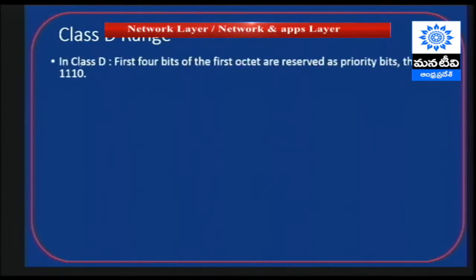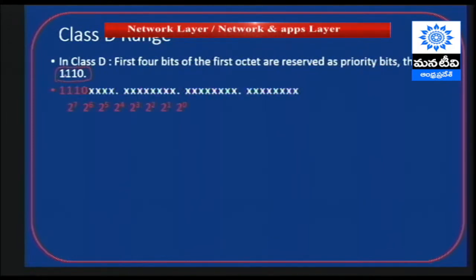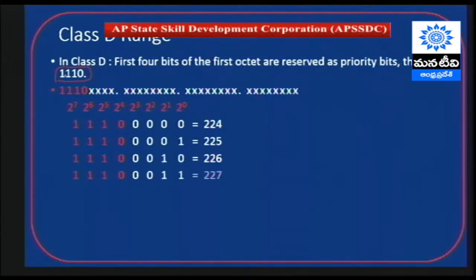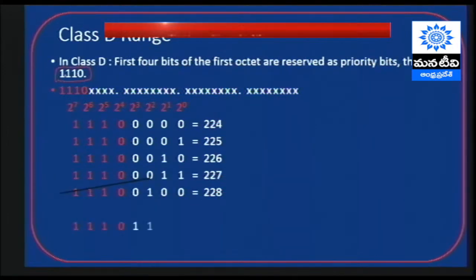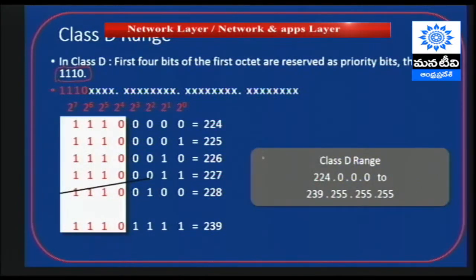The priority bit for class D is 1110, and by substituting this value in the first 4 bits of the octet, the value starts from 224 and ends with 239. This is the range for class D, and remember, this is reserved for multicast purposes.